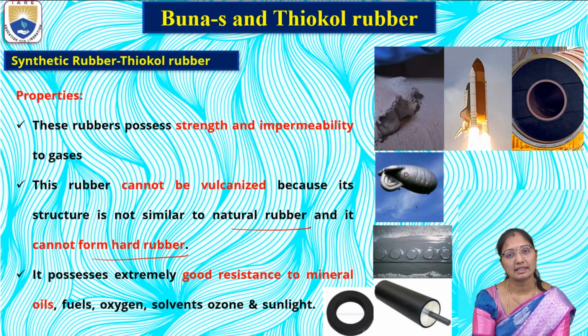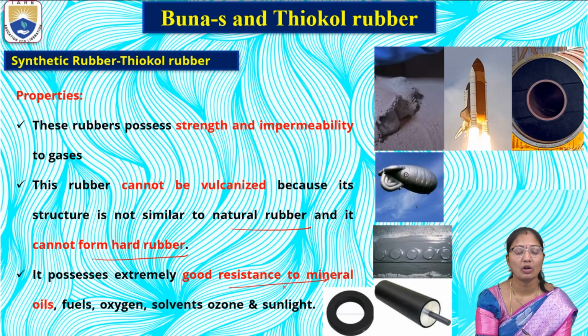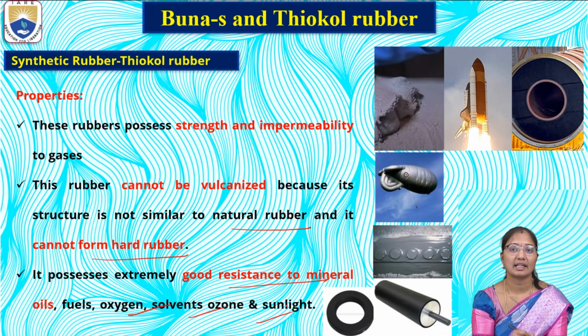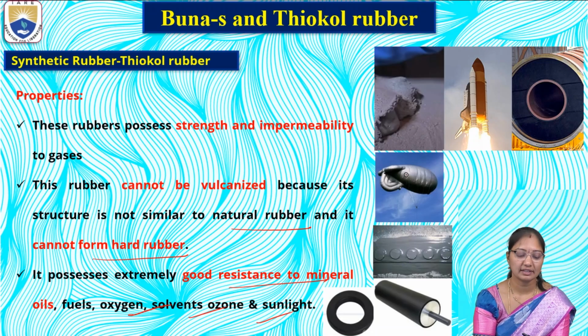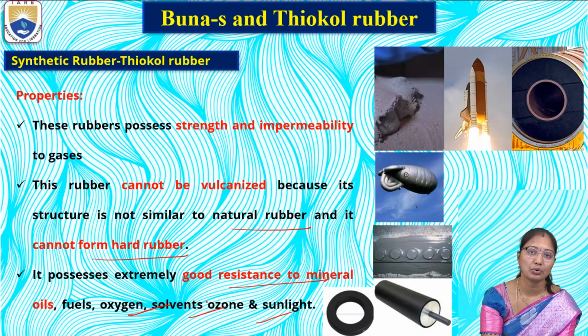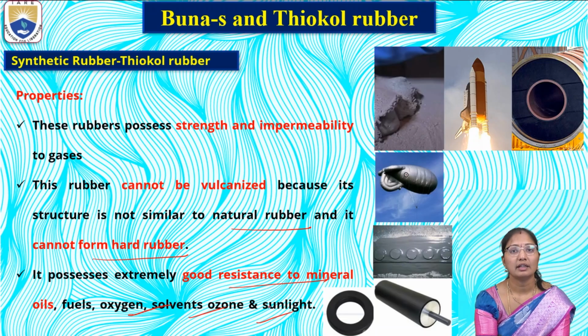It possesses extremely good resistance to mineral oils, fuels, oxygen, solvents, ozone and sunlight. So they have extremely good resistance to chemicals and also to oxidizing agents like oxygen and ozone, and also sunlight.